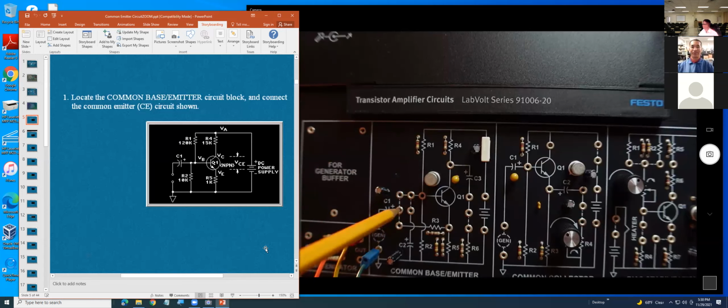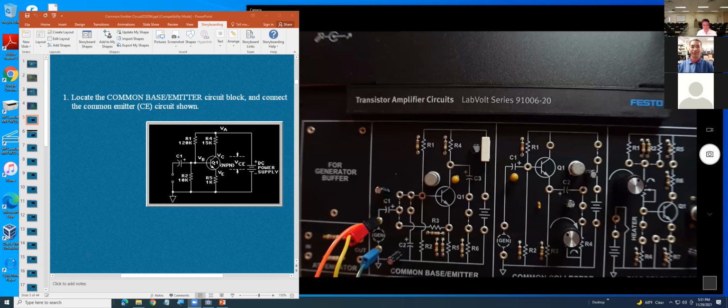If it connects to the other side, it will be CB. So for the first block, they can be testing the CE amplifier and the CB amplifier.